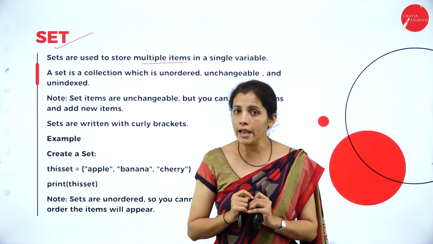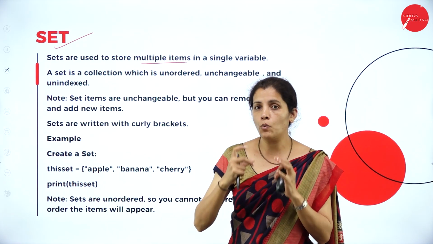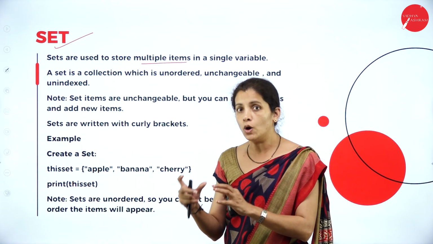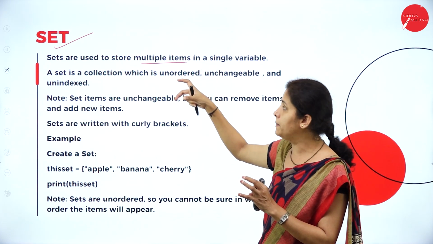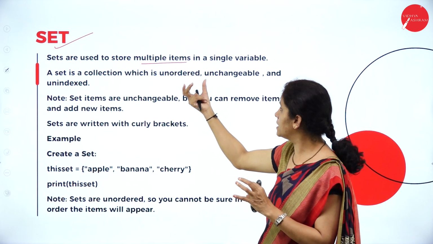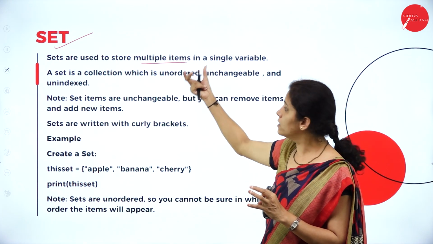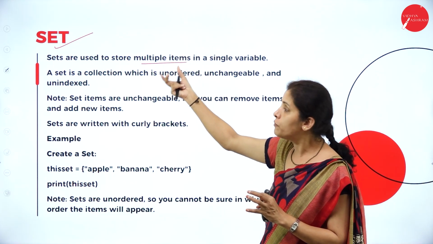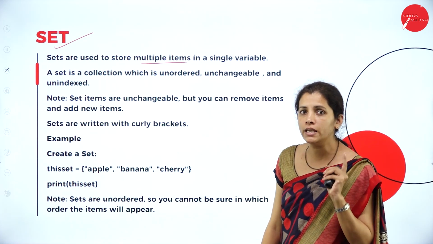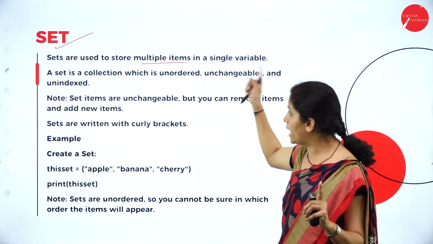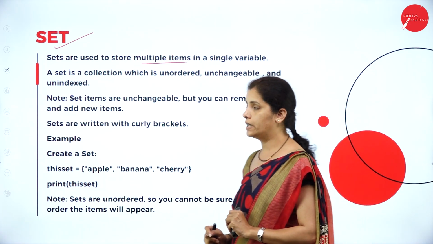If I consider an array, it's used to store a collection of elements, and what kind of elements? The same kind. Whereas a set is also used to store a collection of elements. Here a collection of elements means multiple elements or multiple items. And where am I going to store them? For that I'm going to use a variable, and only one variable. So one variable holds multiple values or multiple items.